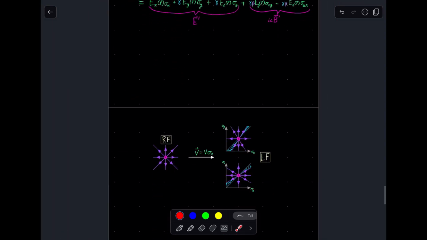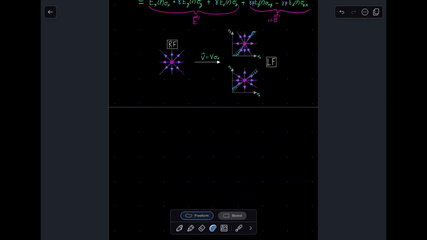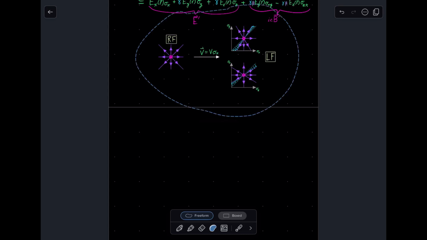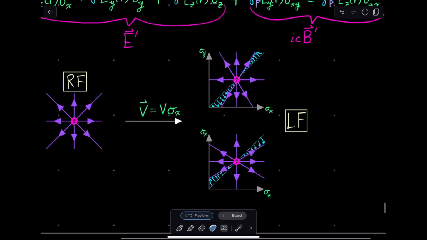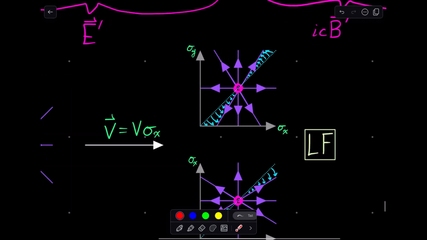Well, I drew out a little diagram to show why. The reason is that when you're in the rest frame, it's symmetric. The fields are going out equally in all directions. So there's no change, it's just static. But when it's moving, if you look at it in the XY plane, then this is the X direction.